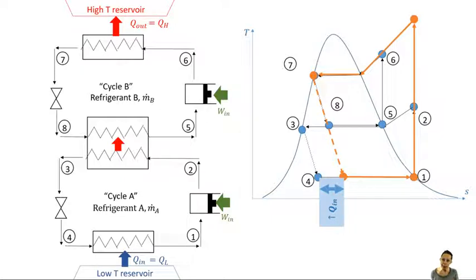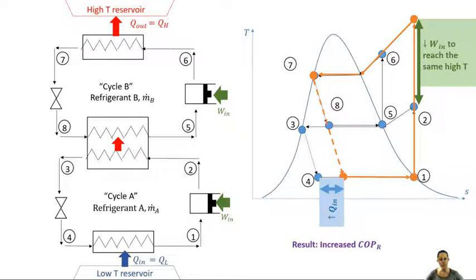So I increase my refrigeration capacity by using a cascade refrigeration cycle. And the other thing is I decrease the amount of work required for this cycle. By dividing up that compression process, I decrease the total amount of work required to reach that high pressure between states 6 and 7 in that cascade refrigeration cycle. And the result is an increase in the coefficient of performance.